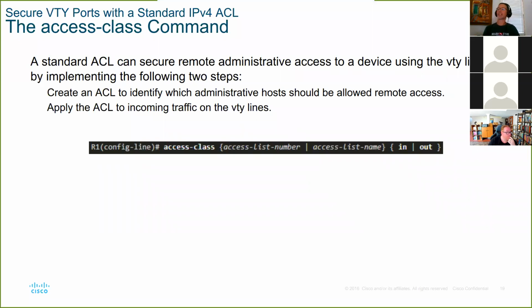So we create the ACLs in exactly the same way. They're no different. But when going to apply it to the VTY lines, we go to line VTY 0 15 or whatever, access-class instead of access-group, and then the number or name of the list you just created. And then, of course, inbound or outbound.